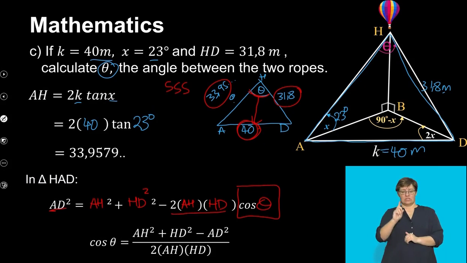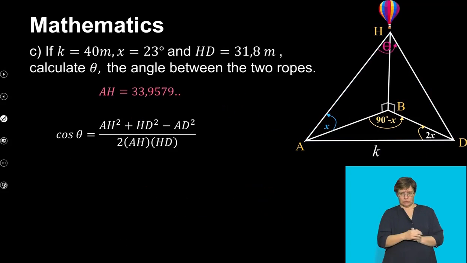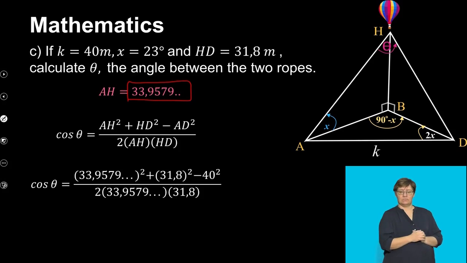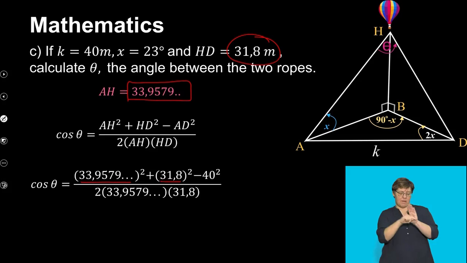Okay, we've done this conversion lots of times. Now we're going to go and substitute into the equation. We calculated AH earlier, so we should have this in the memory of our calculator. So we're going to say AH squared plus HD squared, and remember HD is 31,8, minus 40 squared, equals to 2 times 33,9579 times 31,8.